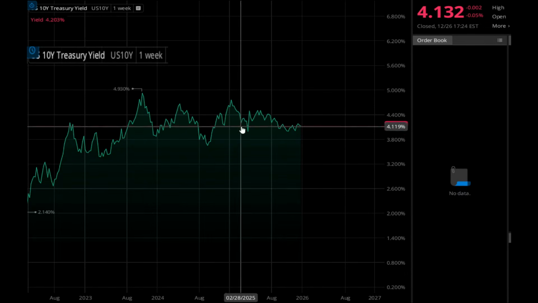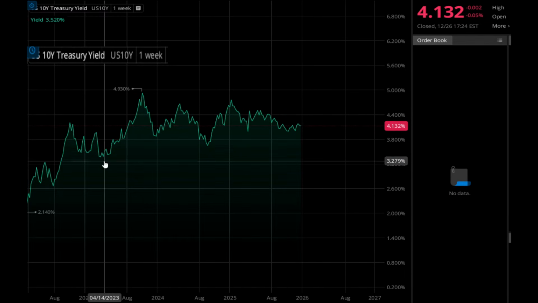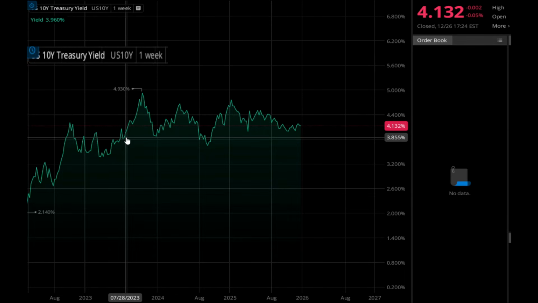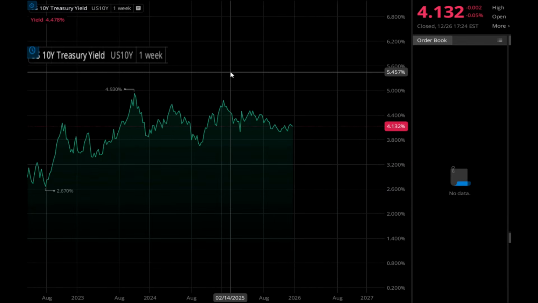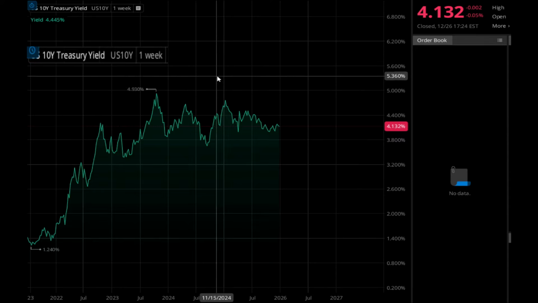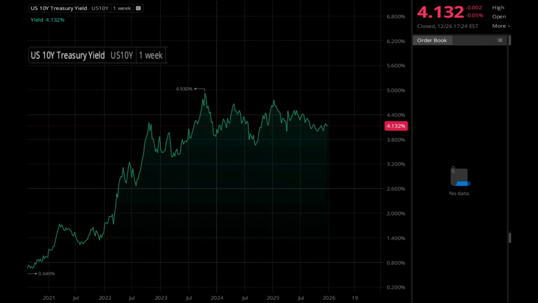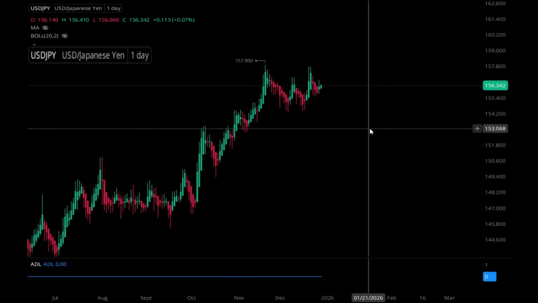Not even the one just since President Trump's been in office, but the one starting since all the way in the end of 2023. With that said, let's go ahead and look at the USD JPY.